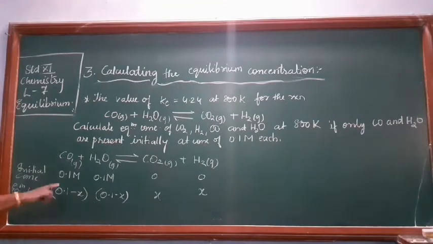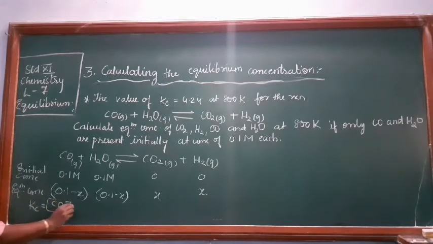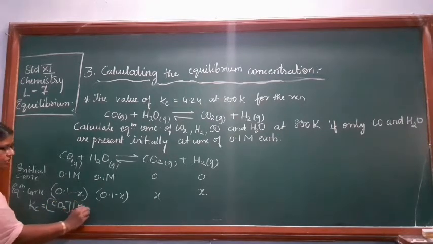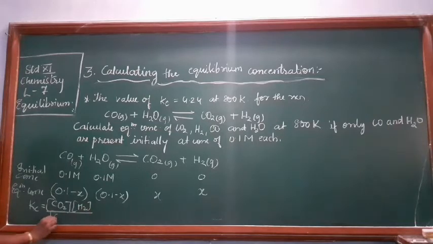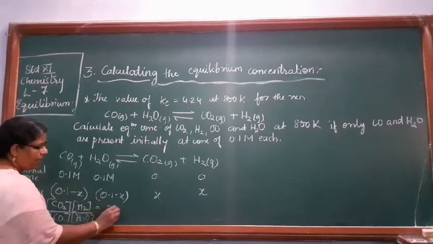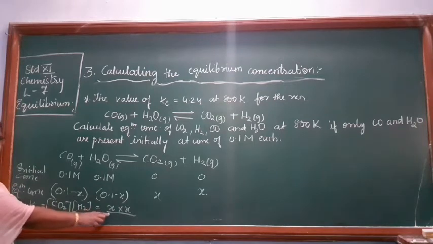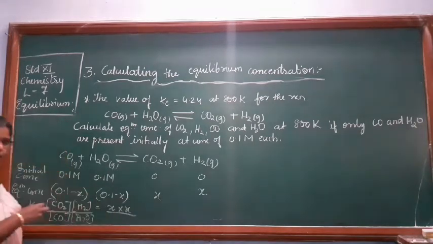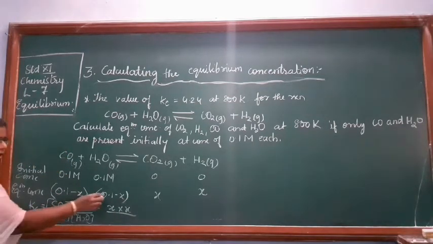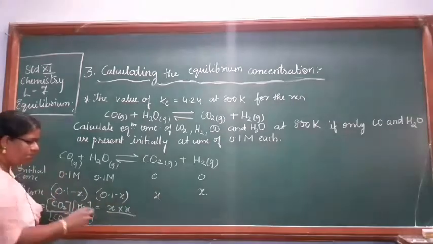ठीक है, अब ये इक्विलिब्रियम सिचुएशन है तो Kc हम लिख सकते हैं. Kc will be equal to concentration of CO2 into concentration of H2 upon concentration of CO into concentration of H2O. So what is it, X into X, क्योंकि CO2 और H2 का concentration at equilibrium will be X. यहाँ पे जितना यूज हुआ है उतना ही उधर बनेगा, please remember that.